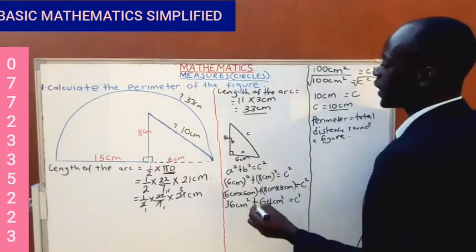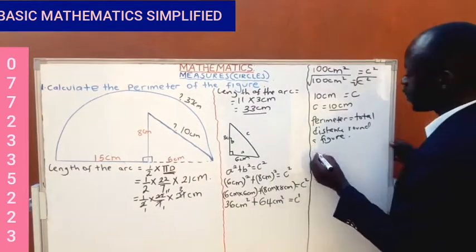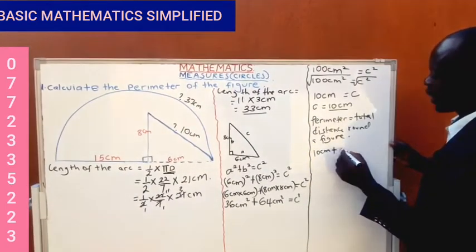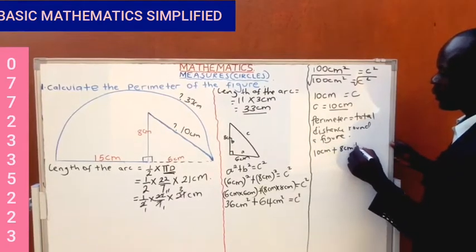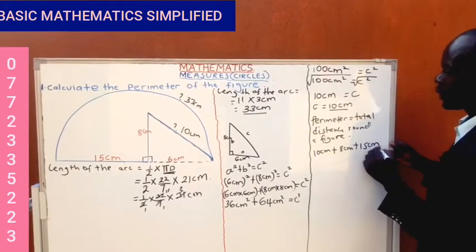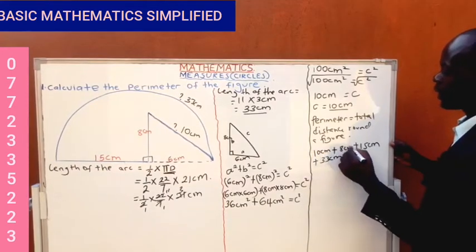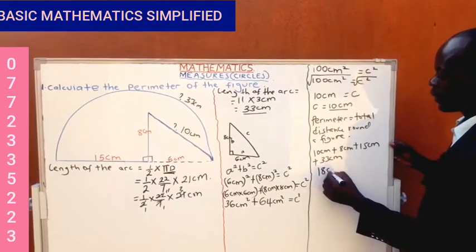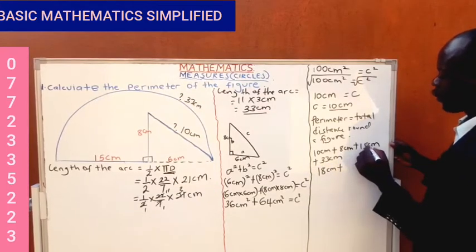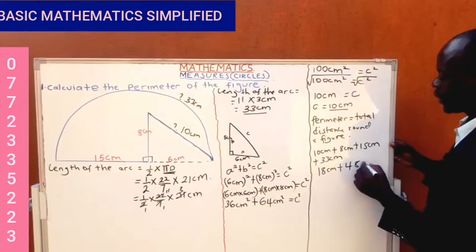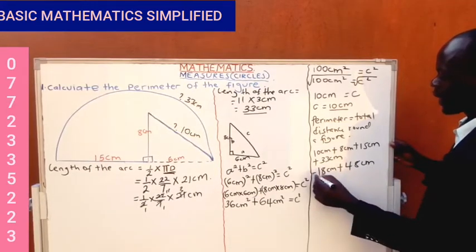We now have everything. We shall begin with 10 centimeters plus 8 centimeters plus 15 centimeters plus 33 centimeters. 10 plus 8 is 18 centimeters. 15 plus 33 is 48 centimeters.